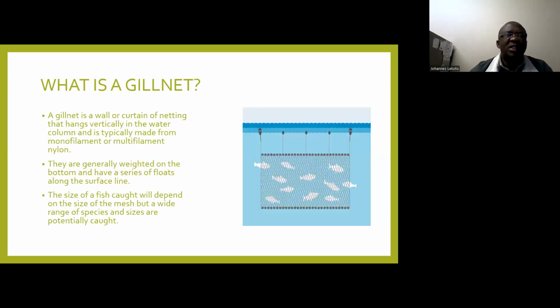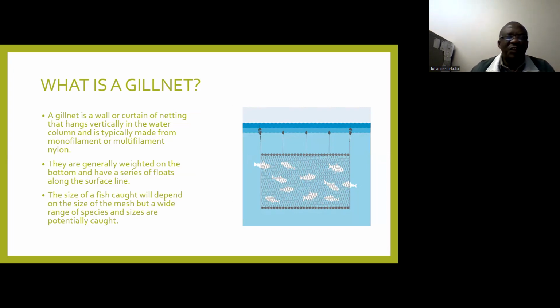And it says, what is a gill net? A gill net is a wall or curtain of netting that hangs vertically in the water column and is typically made from monofilament or multifilament nylon. They are generally weighted on the bottom and have a series of floats along the surface line.